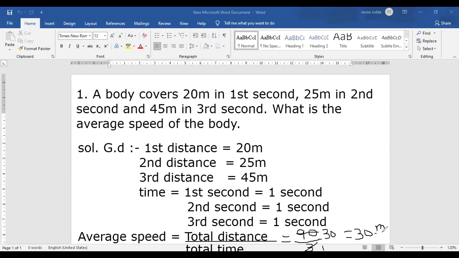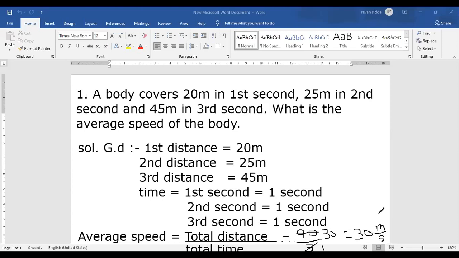Units are most important. Why meter per second? Because unit of distance is meter, unit of time is second. That is the reason we keep 30 meter per second.